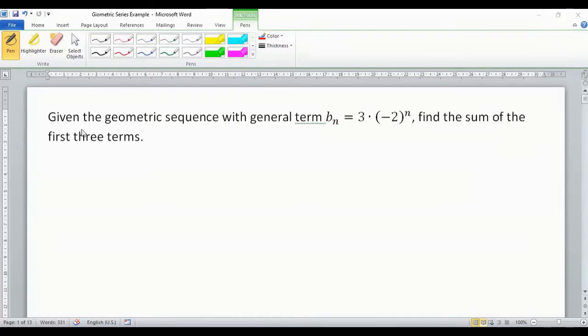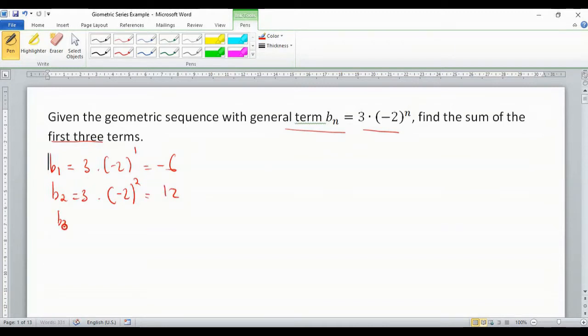So given the geometric sequence with the general term bn equals 3 times (minus 2) power n, find the sum of the first three terms. So you need to write b1 equals 3 times (minus 2) power 1. It's equal to minus 6. How about the second term? The second term is 3 times (minus 2) power 2, equal to 12.